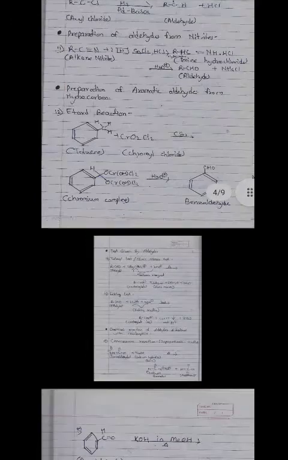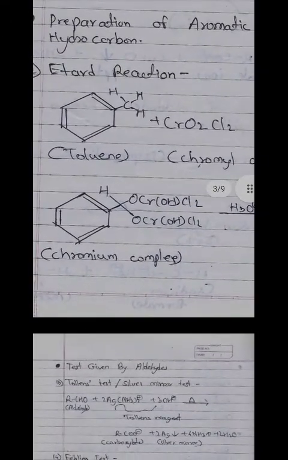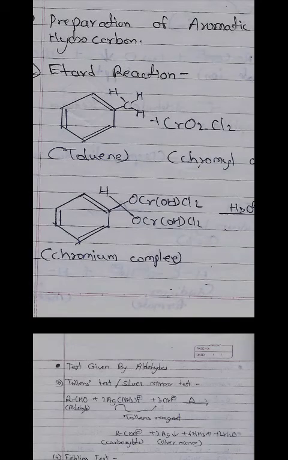Preparation of aromatic aldehydes from hydrocarbon. The main reaction here is the Etard reaction. In the Etard reaction, toluene, as I said earlier, is simply a benzene ring with a CH3 group.